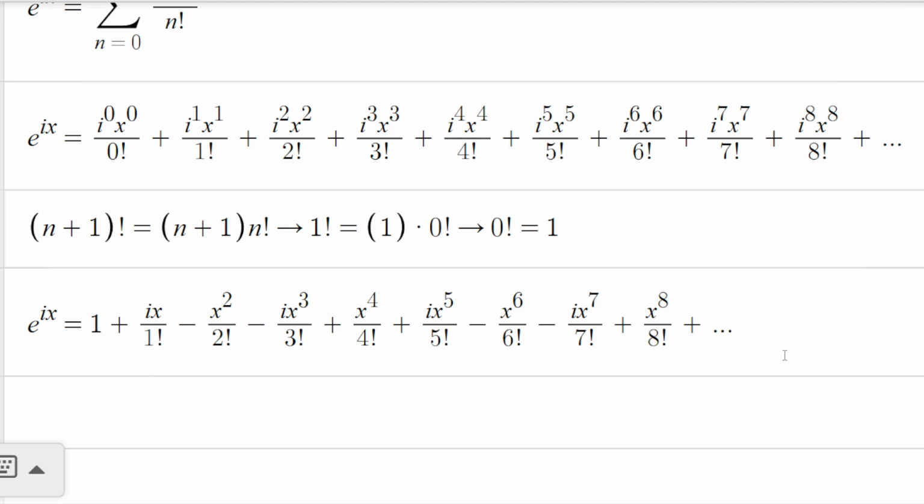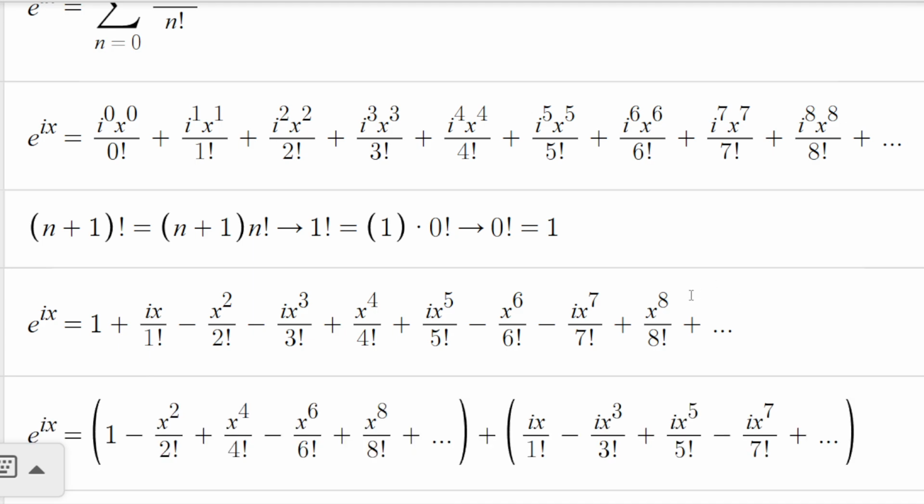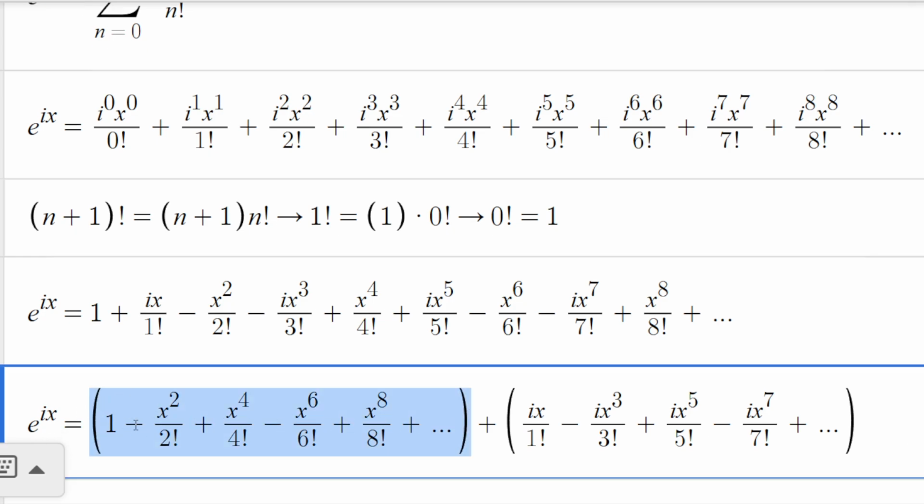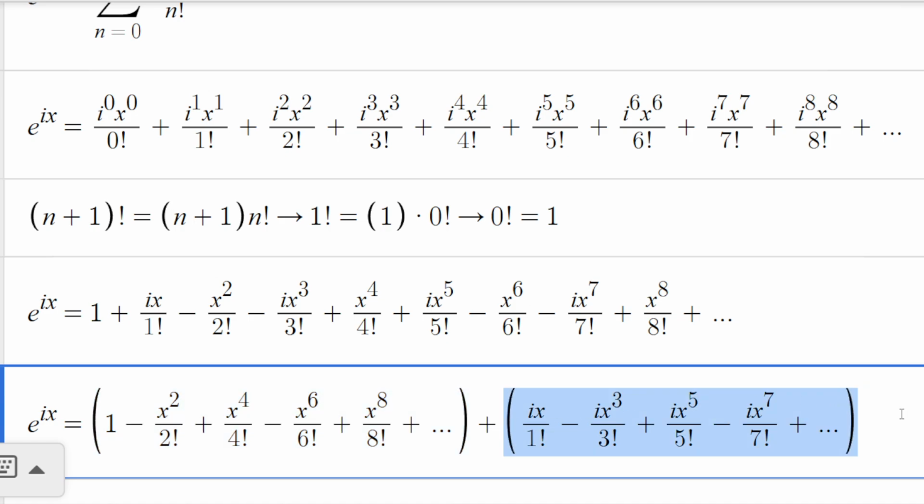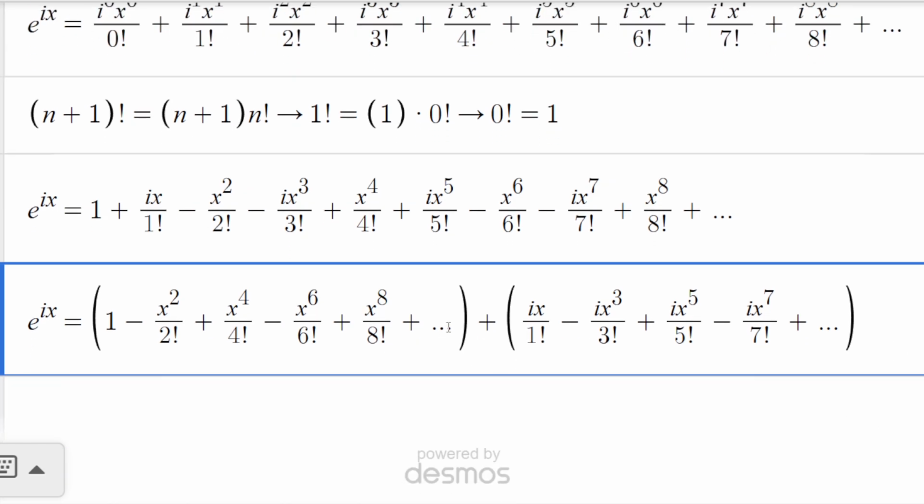All right, now let's isolate all the parts of this that have an i as part of them, and all the parts that don't. So these are all the parts without an i, and these are all the parts with an i. And now you'll notice this is exactly cosine of x.